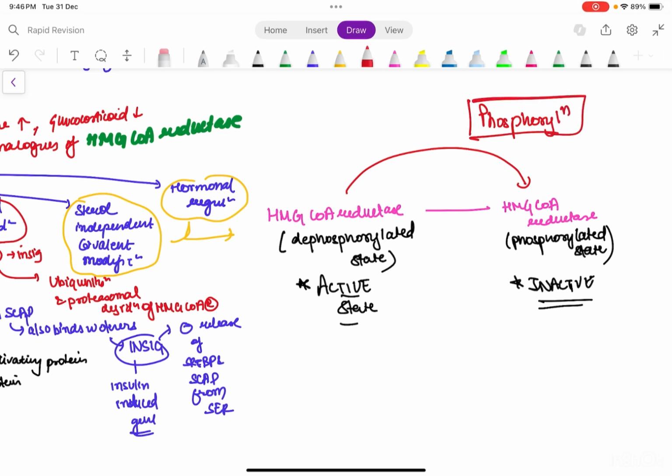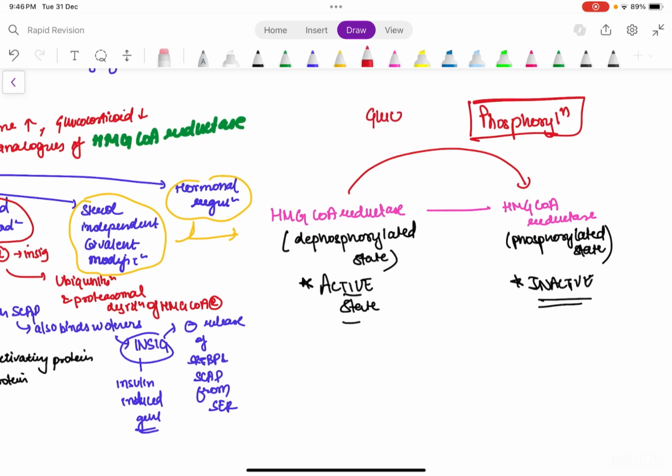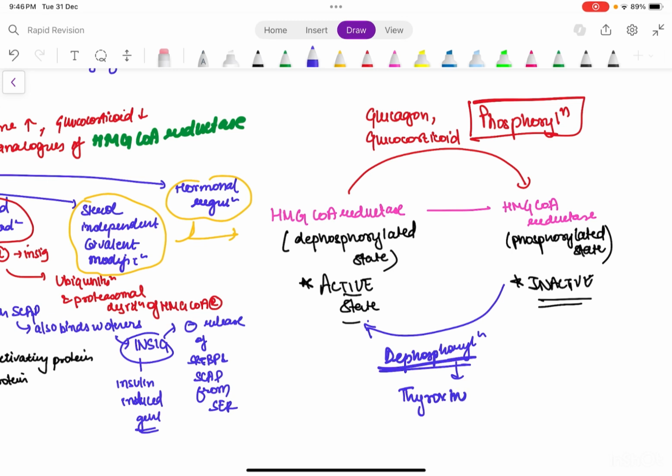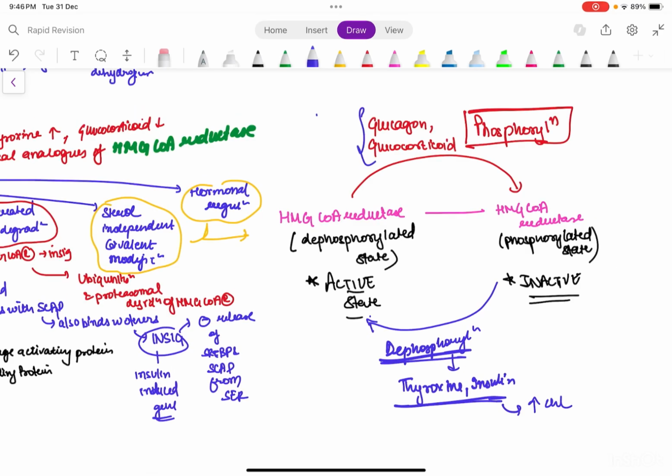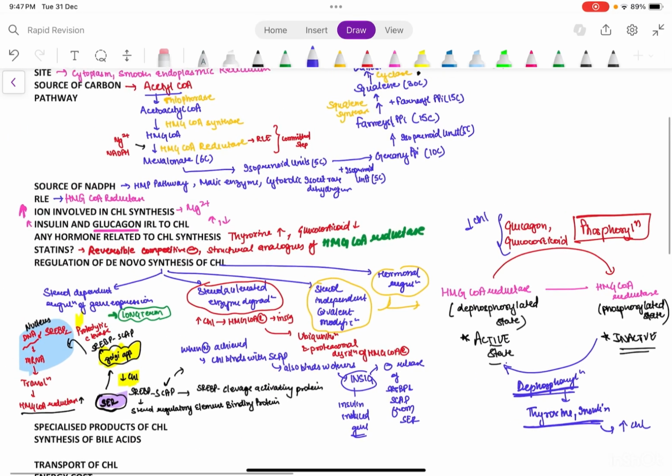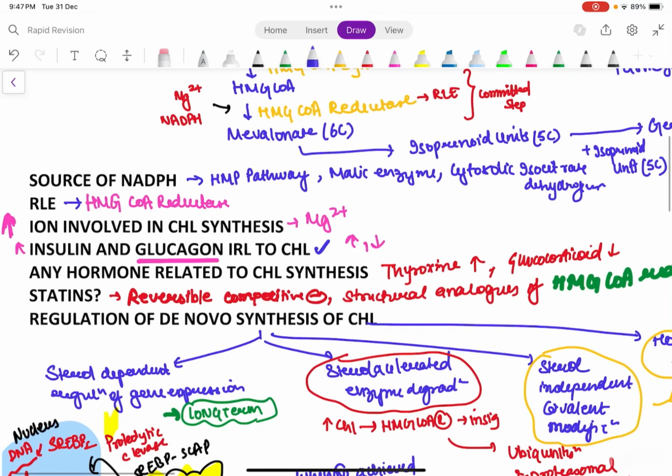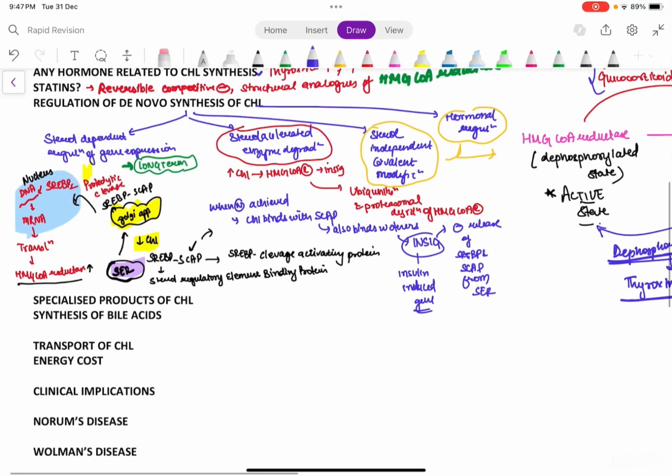Phosphorylation is caused by glucagon and glucocorticoids, and dephosphorylation is caused by thyroxine and insulin. So this is the reason why these increase cholesterol and these decrease cholesterol. Now you know the answer why we chose these answers in all this. All right, so this is it.